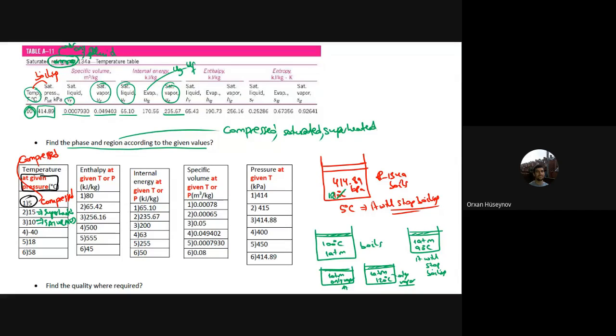The saturation means boils. If it is 10 degrees, it boils and the region is saturation.